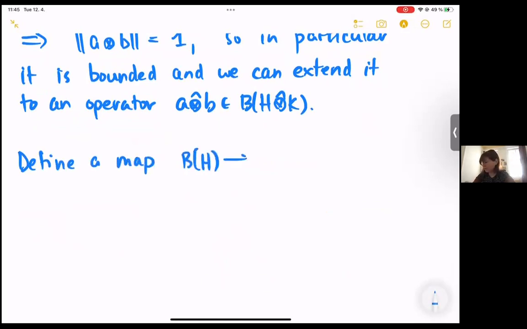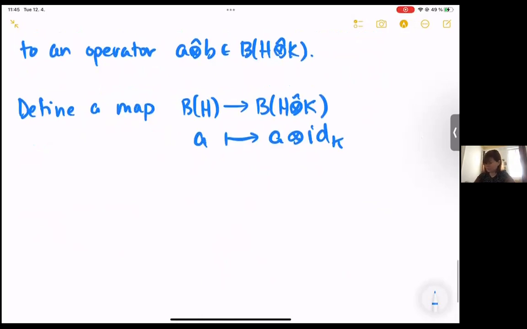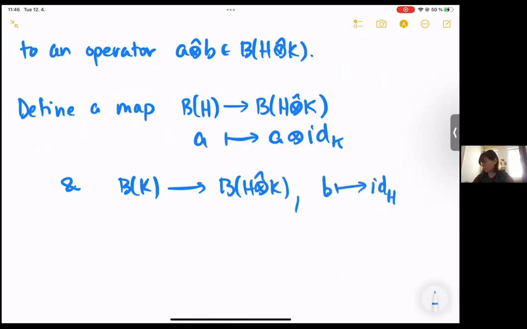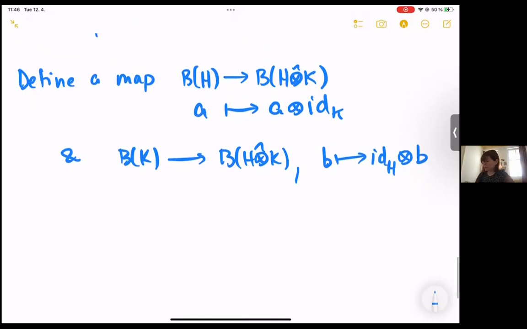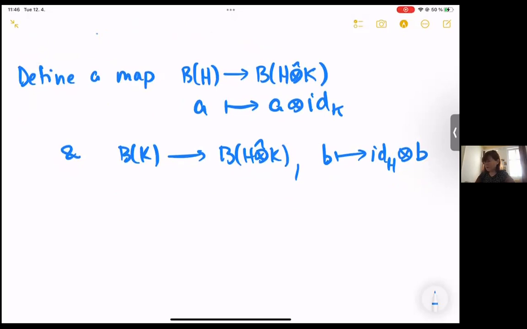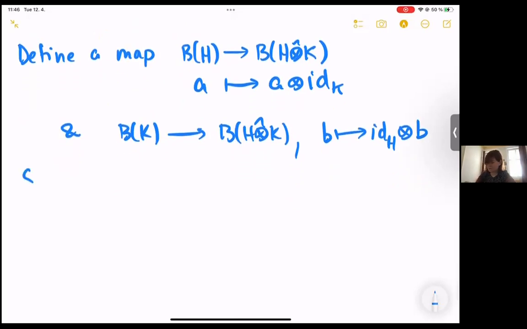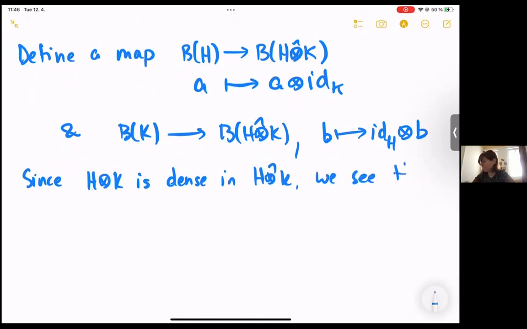So we'll define a map from B(H) to B(H tensor K hat), which sends A to A tensor the identity on K. And then similarly, I can do the same thing for B tensor K. Both these maps we see are injective on H into H tensor K. And since this is dense, these maps are injective and clearly star homomorphisms.